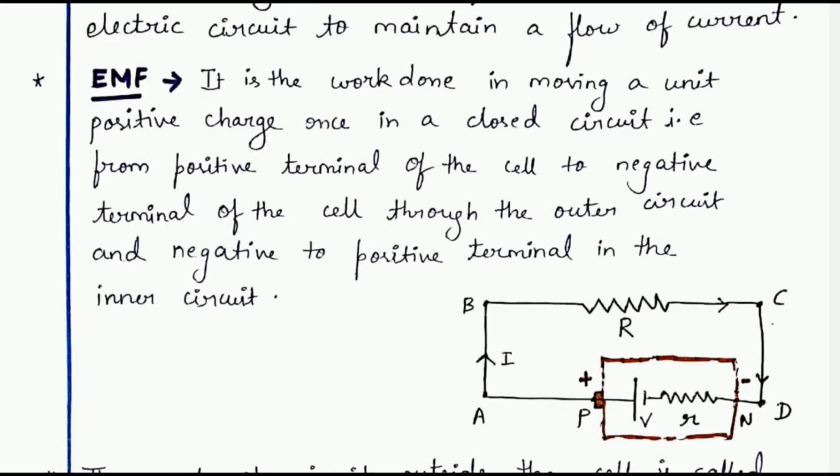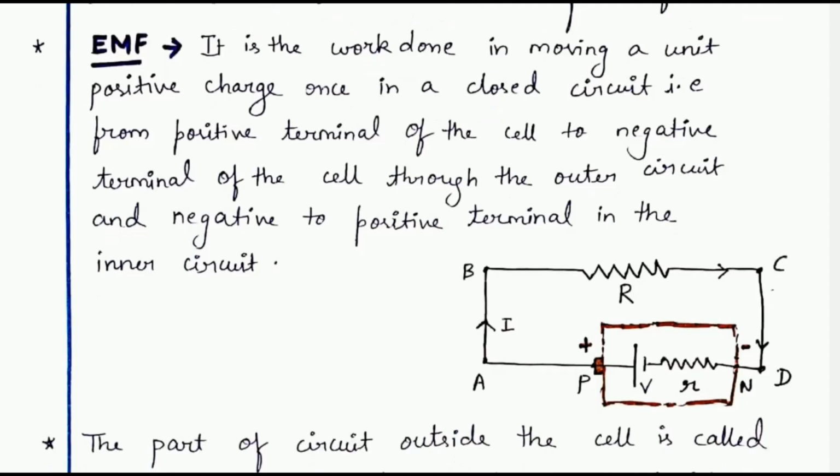So if you take a unit positive charge and start from a point in the circuit and move it through the complete circuit once, then the work that you have to do will be the EMF of the electric cell.